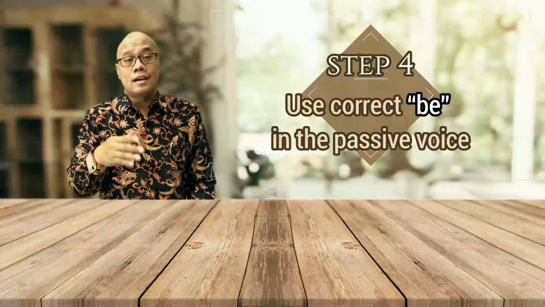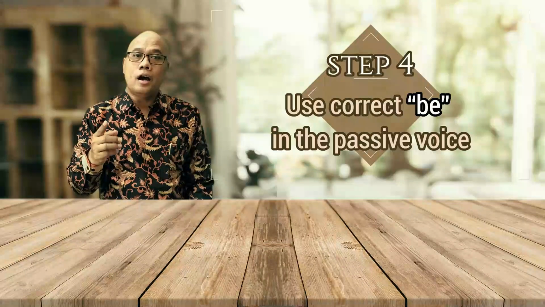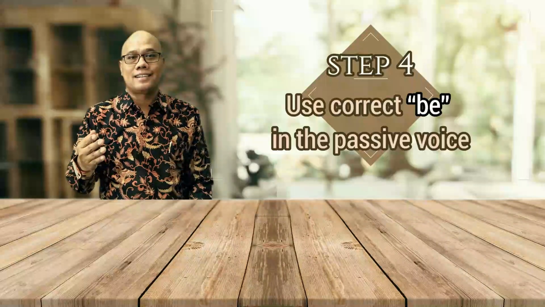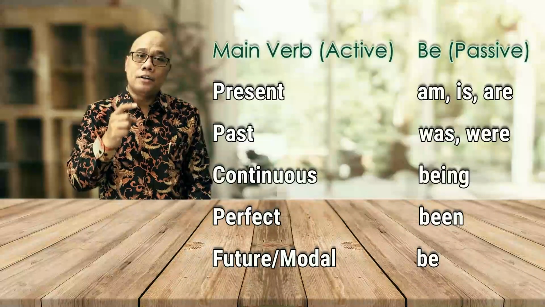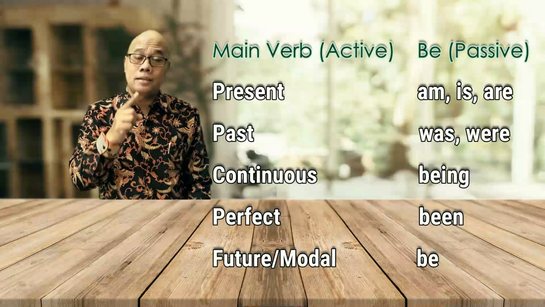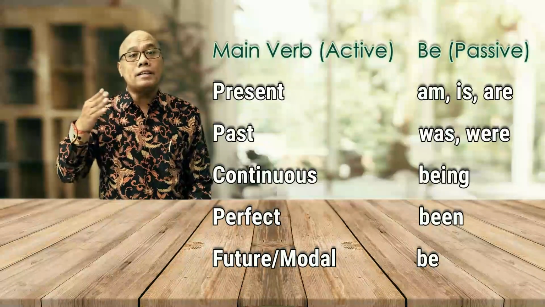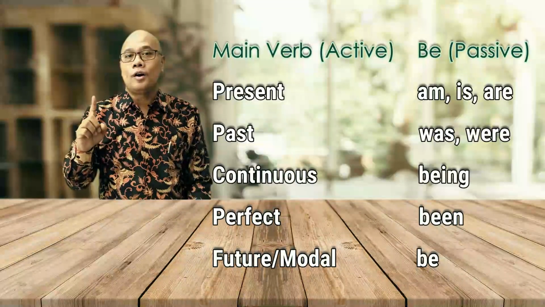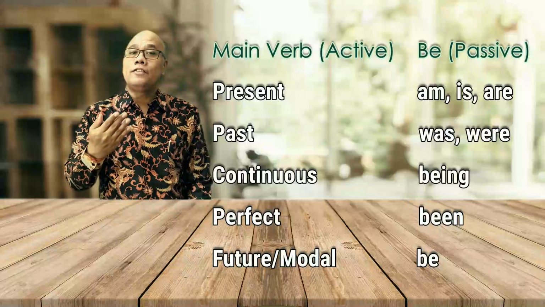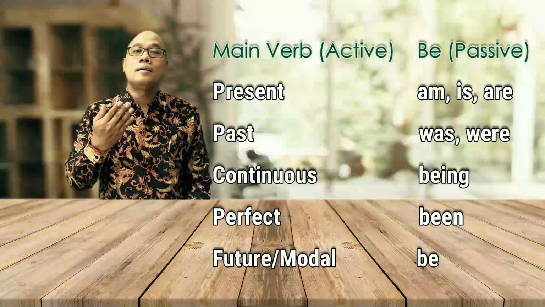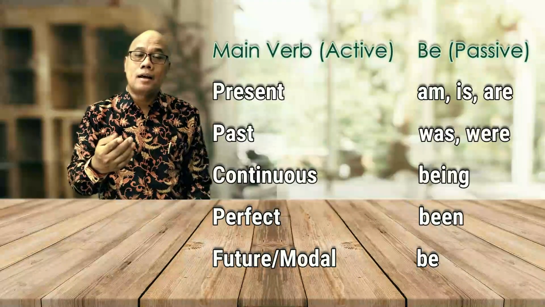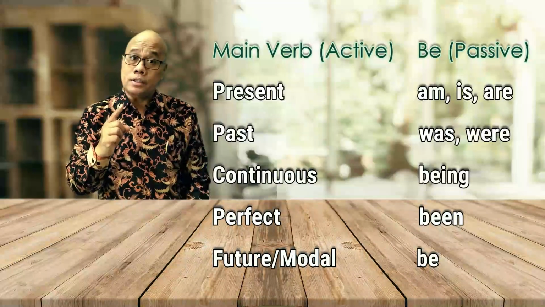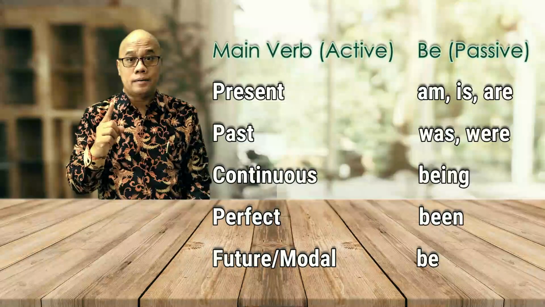In this session, I will show you the summary of the be in passive voice in different tenses. If the main verb or the verb tense is in simple present, so the passive be will be either am, is, or are. If the verb tense is in past or simple past, then the passive be will be either was or were.